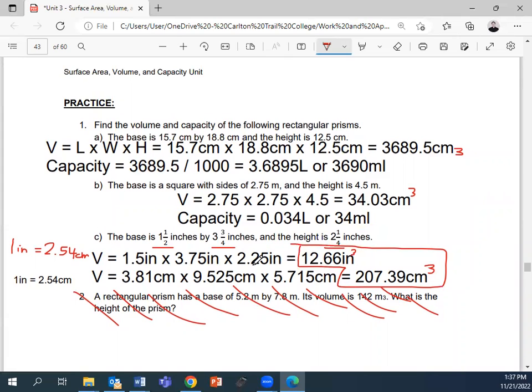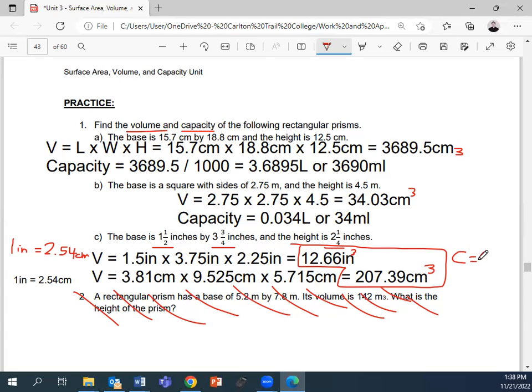The reason we had to convert this into centimeters was because the question's asking us the volume and the capacity, right? And we need to go to the metric system. We need to go to those centimeters in order to convert that capacity into liters. In this case, my capacity is just this divided by 1,000 for the liters.